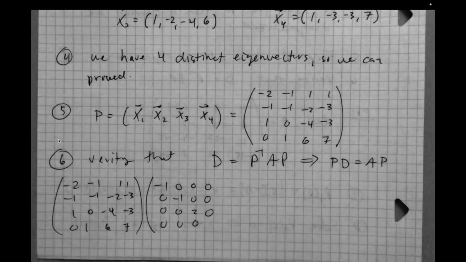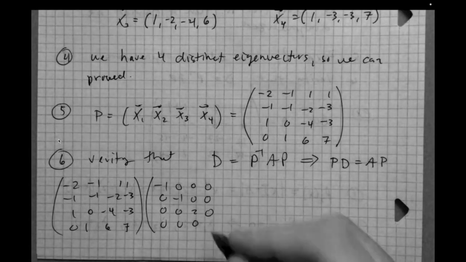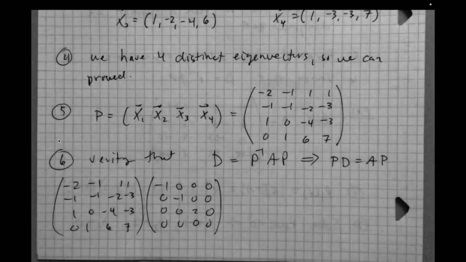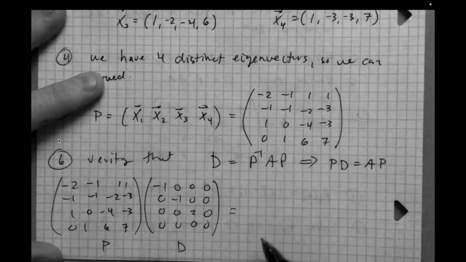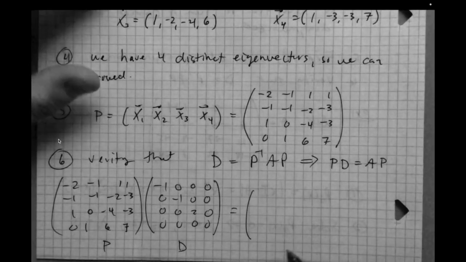Is it 0? Did I write that down right? Was the second eigenvalue? Yeah, 0. So that's your diagonal matrix. This is your P, this is your D, and your A, of course, is just the matrix we started with.